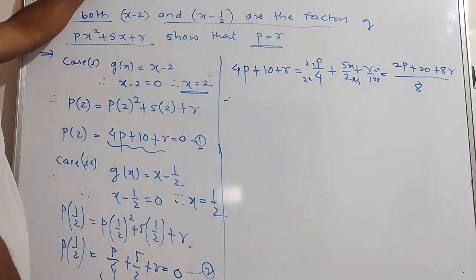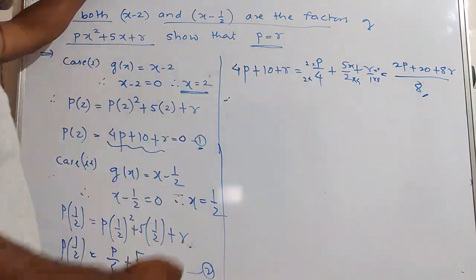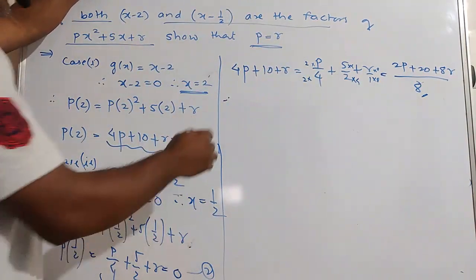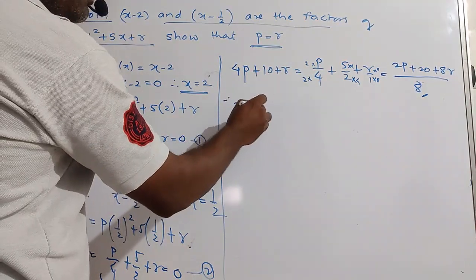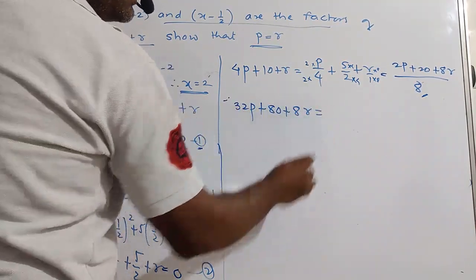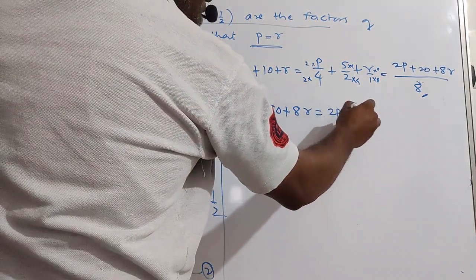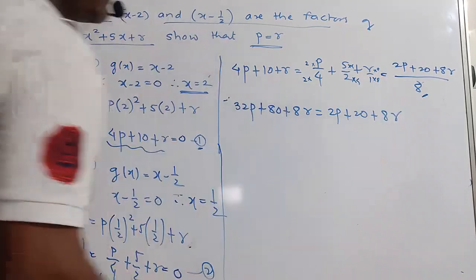Okay. So like this LCM we have removed. Now this 8 which is there will multiply to here. And this will become 32P plus 80 plus 8R is equal to 2P plus 20 plus 8R.